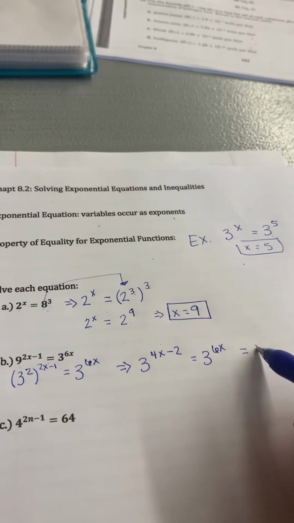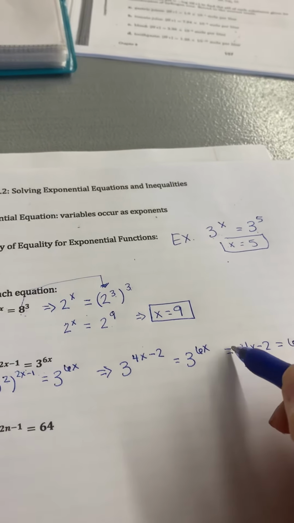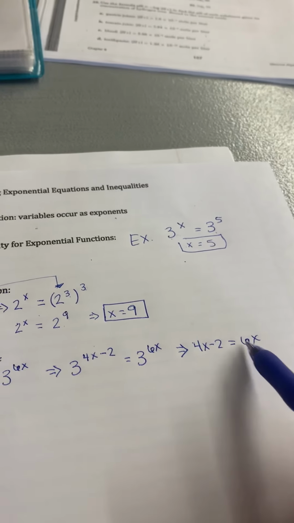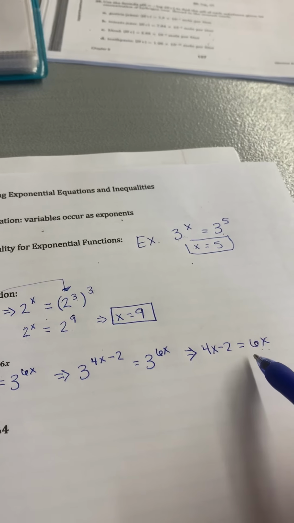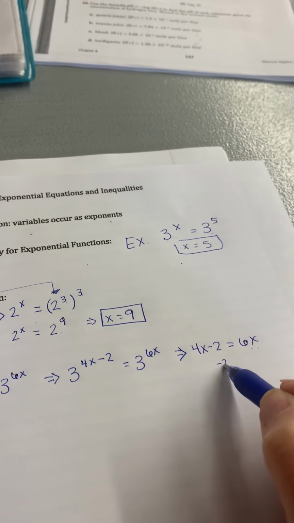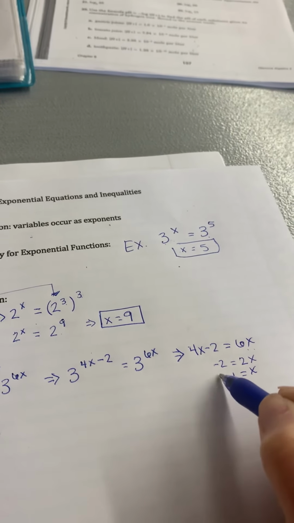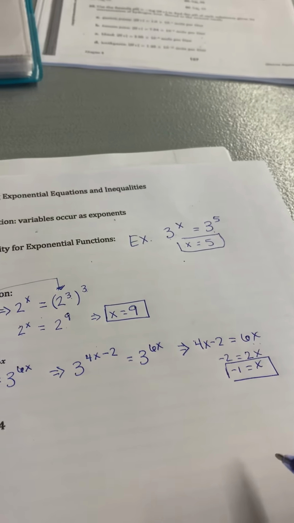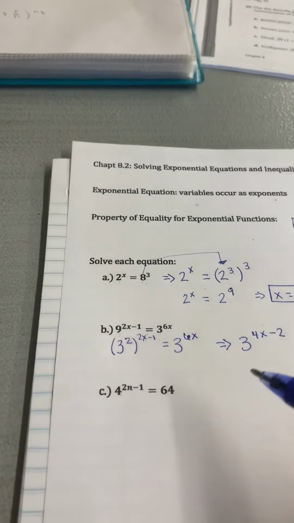So I have 4x minus 2 equals 6x. Here's my new problem because I dropped my bases. Now I just simply solve for x. So negative 2 equals 2x, so x equals negative 1. There's my answer.